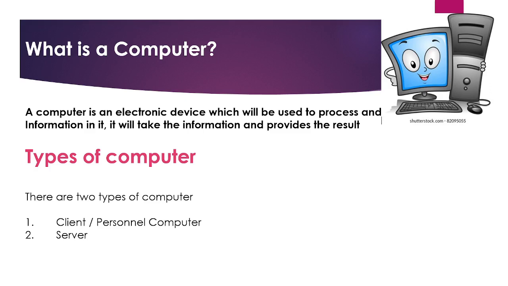One is the client computer, also called the personal computer, the computer at your home. The computer which is situated in a data center, maybe in an office, maybe in a cloud region, and which provides some application or service to you, we call a server computer.